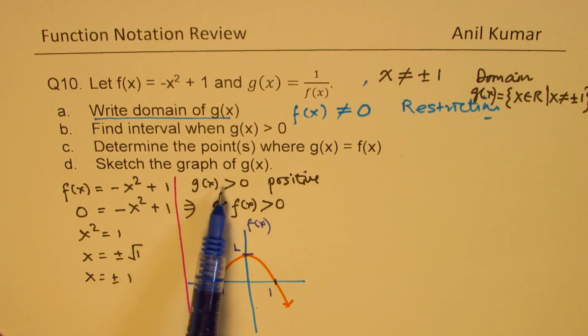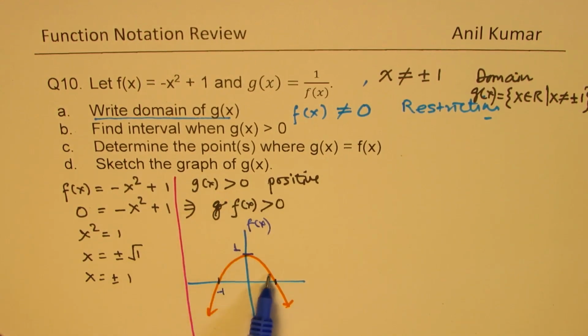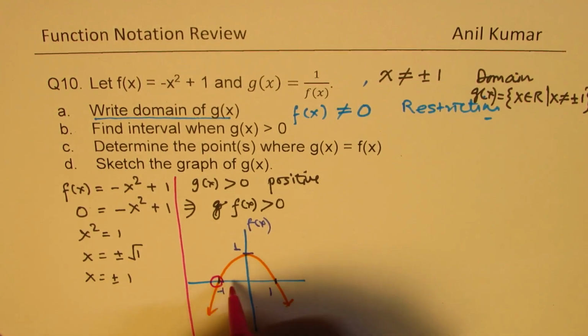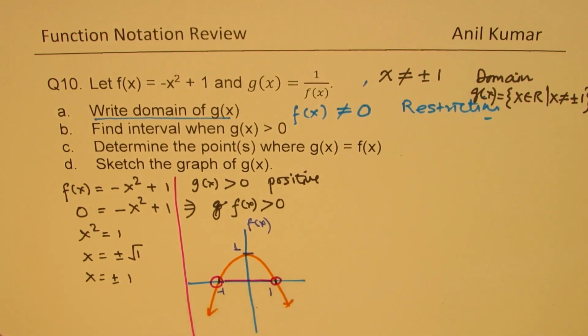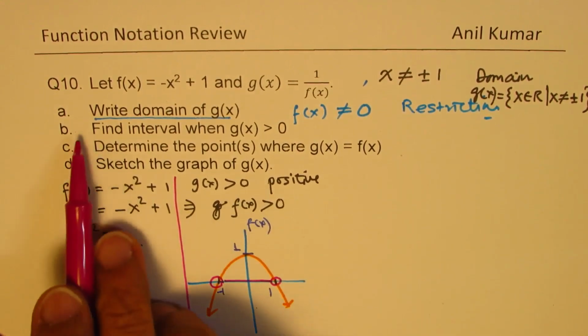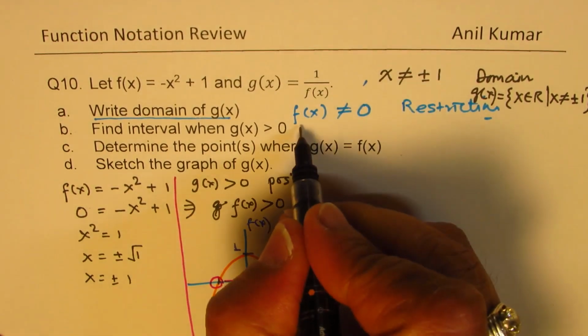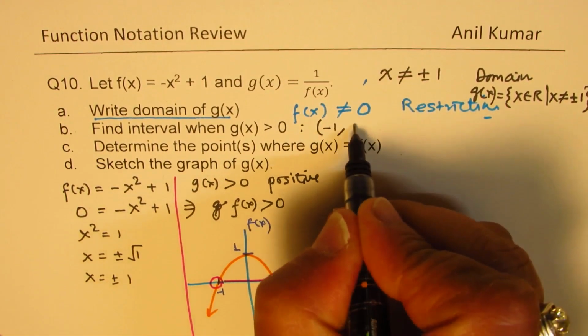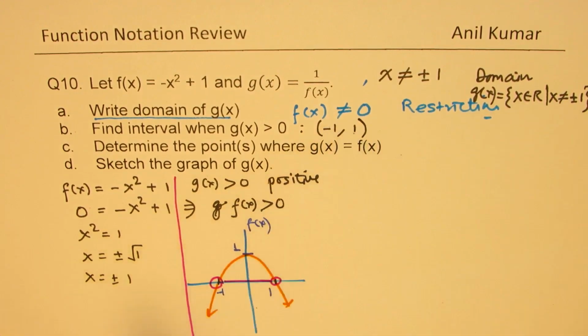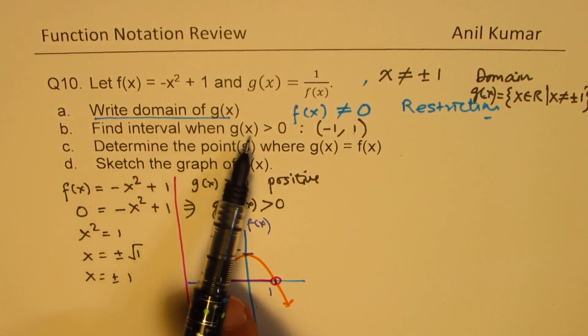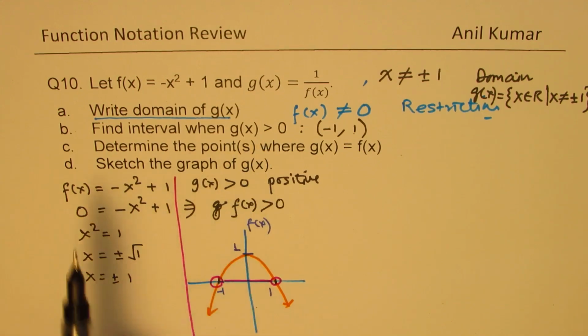When I say g of x should be greater than 0, f of x is positive, that means what is the interval? Well, it is between these two values, correct? So find the interval when g of x is greater than 0. So the interval in this case should be from minus 1 to plus 1, both not included. Clear? So in this interval, g of x is going to be positive.